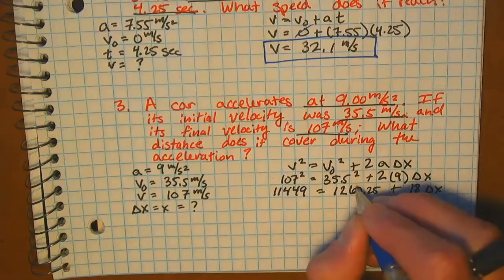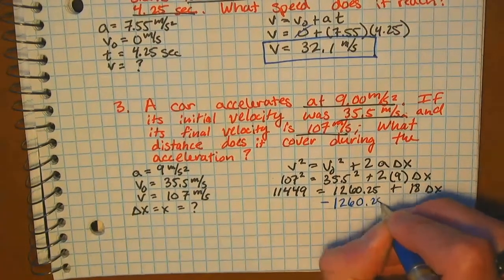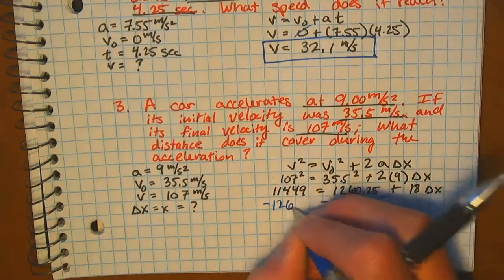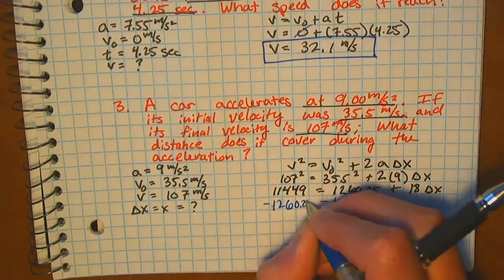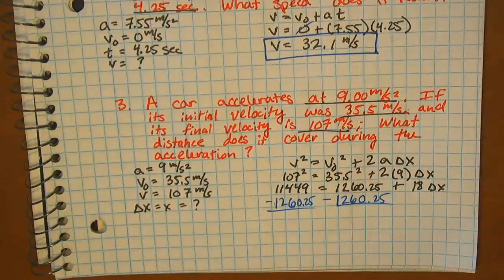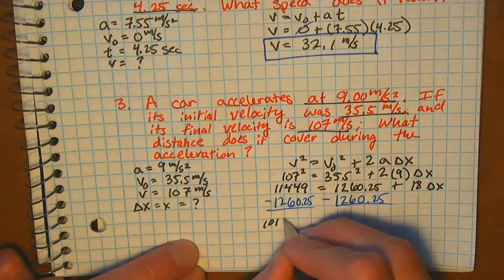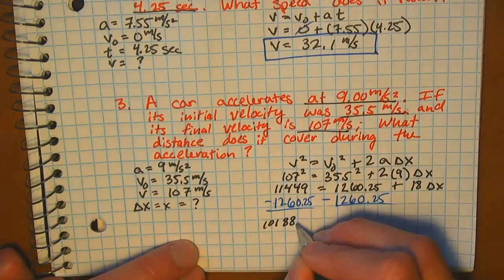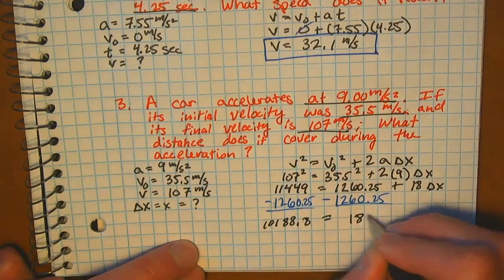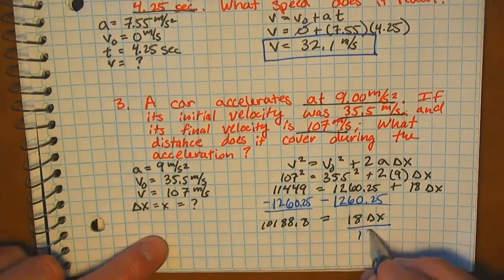So the next step is to subtract that from both sides. So that is going to give you 10,188.8 equals 18 delta x divided by 18.